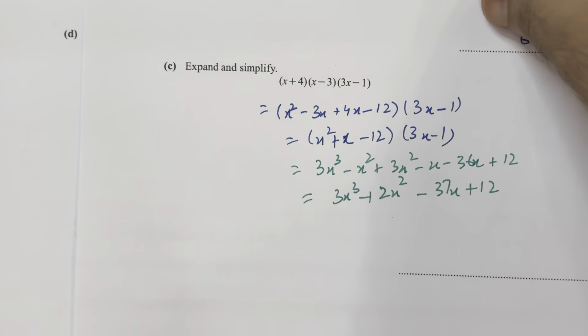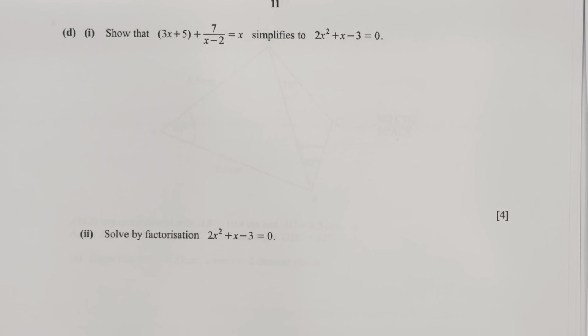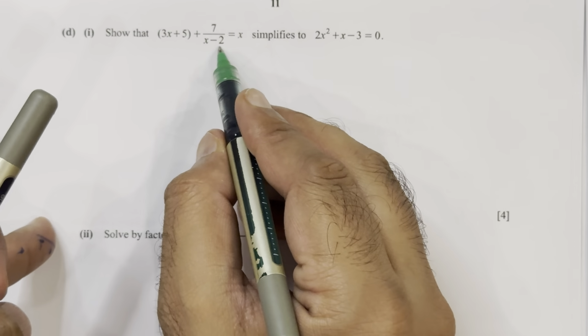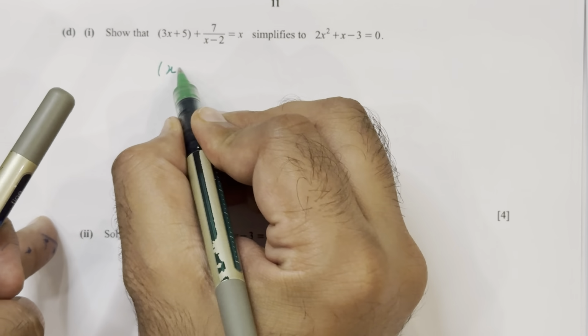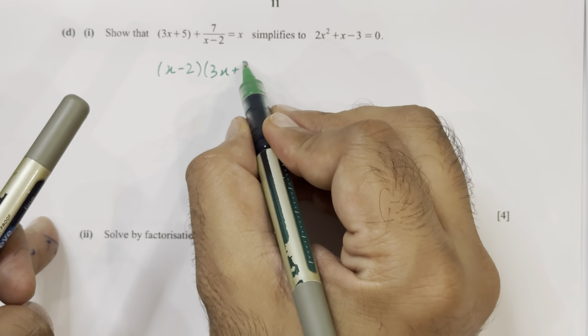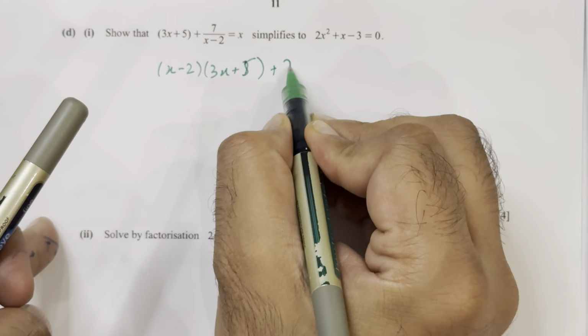Moving to the D part. The D part is, show that 3x plus 5 over x plus 2 plus 7 over x minus 2 simplifies to 2x square plus 3. So first you're going to take the LCM. So multiply x minus 2 to 3x plus 5 and plus 7.